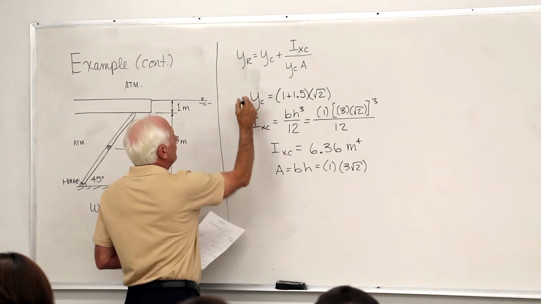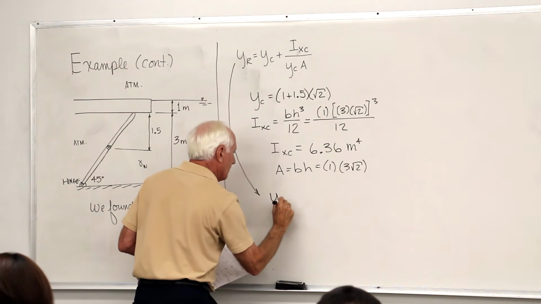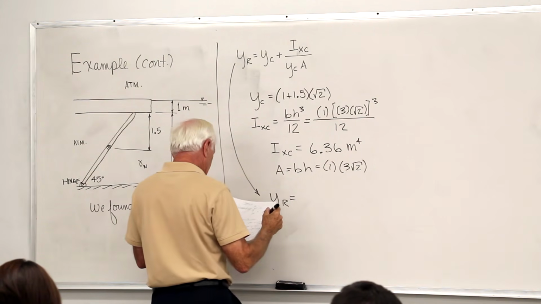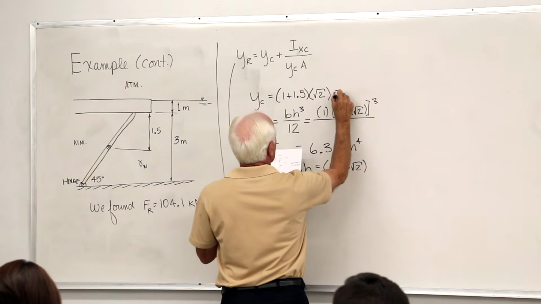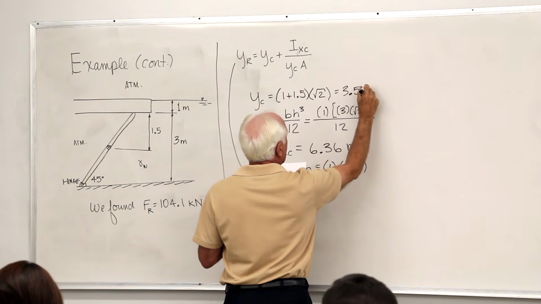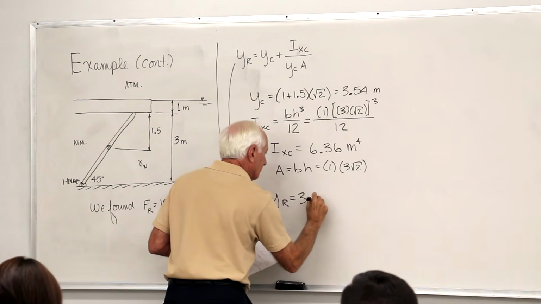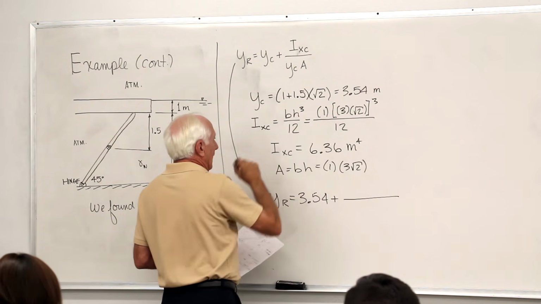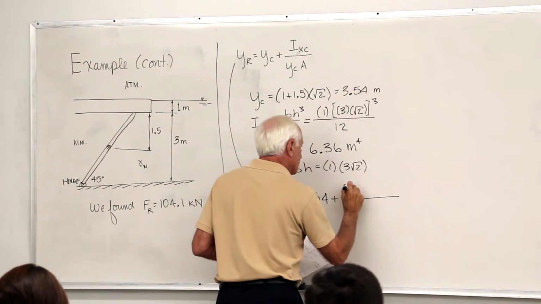So put that in for here. Y sub R is Y sub C, 3.54, plus Ix about the centroidal axis, 6.36.